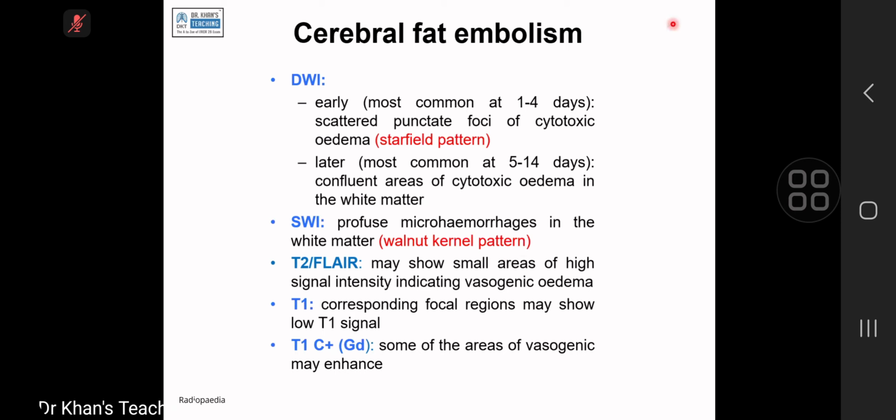And this pattern is known as the star field pattern. In our case, the star field pattern was not seen for the simple reason that the event was more than 10 days old. But on SWI, profuse microhemorrhages in white matter, including the corpus callosum, we call it the walnut kernel pattern.